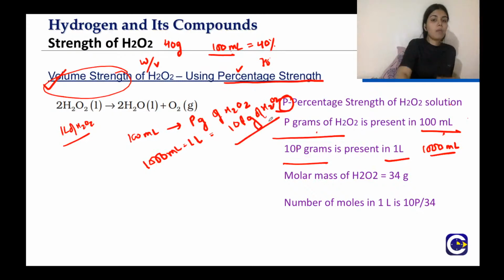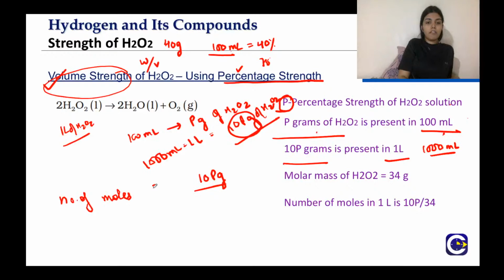Okay, now I want to find out the number of moles of peroxide, right? We know that the given mass of peroxide is 10 P gram, and from the formula, number of moles equals given mass, that is 10 P gram, divided by molar mass.